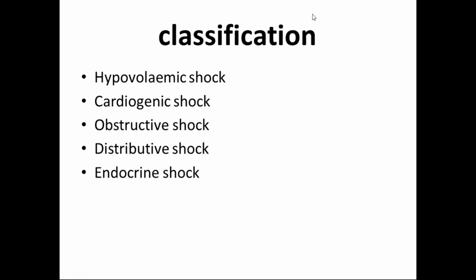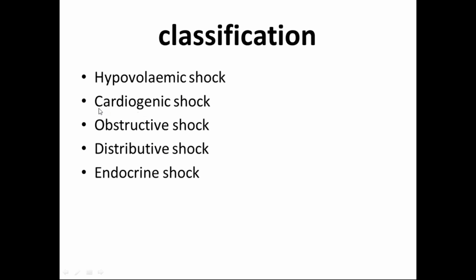Very, very important: classification of shock. Remember, H code. This is a mnemonic, H code. Classification of shock. The most common type of shock is hypovolemic shock. Encountered in surgical practice or medical practice, the most common cause for shock is hypovolemic shock.